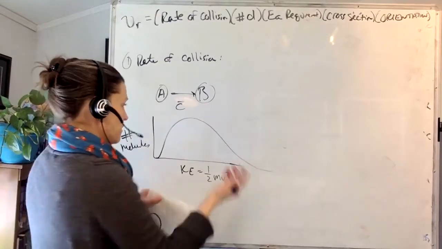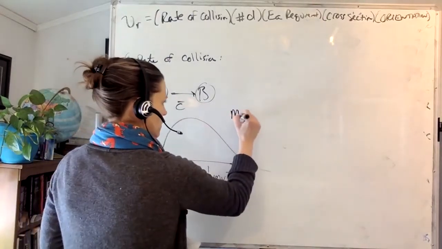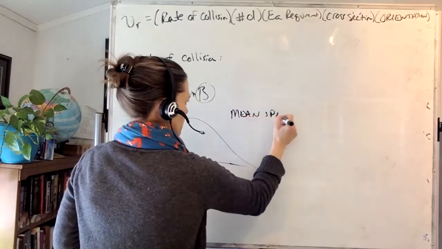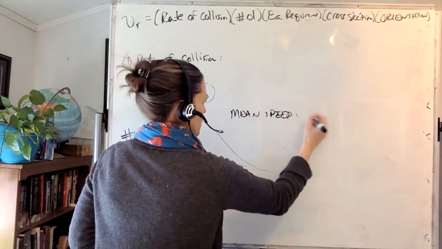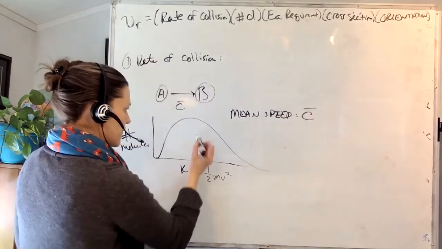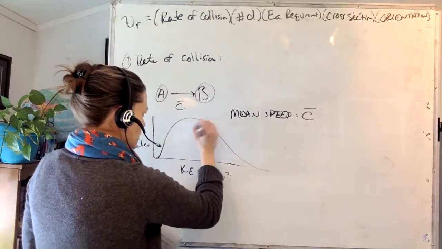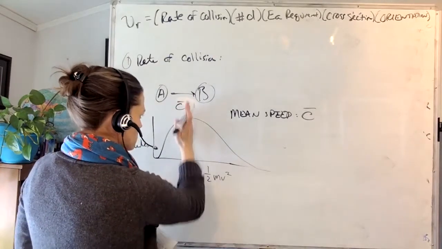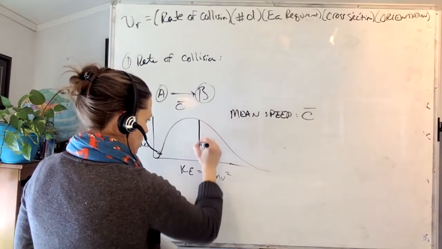Now, there are a few different speeds. There is the mean speed, represented as C bar, and that's not quite in the center of this maximum here. It's about right here.